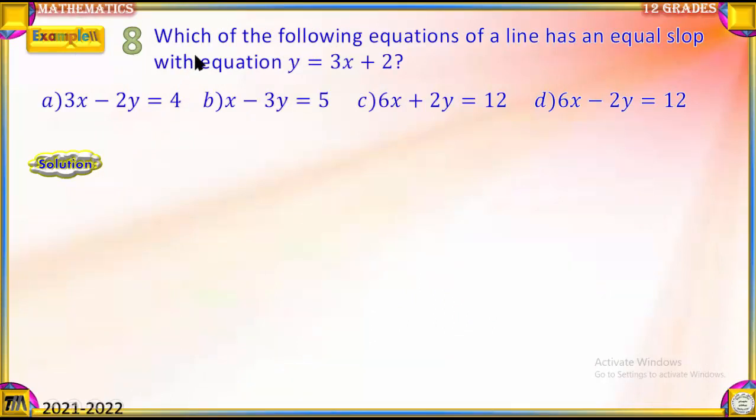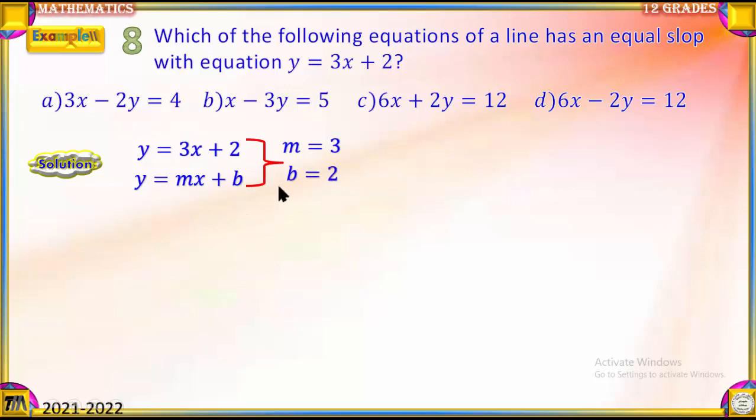Example number 8. Which of the following equations of a line has an equal slope with the equation y equals 3x plus 2? First of all, taking the given equation, y equals 3x plus 2, finding its slope: compare this form with the slope-intercept form, y equals mx plus b. You can see that m is 3 and b is 2.